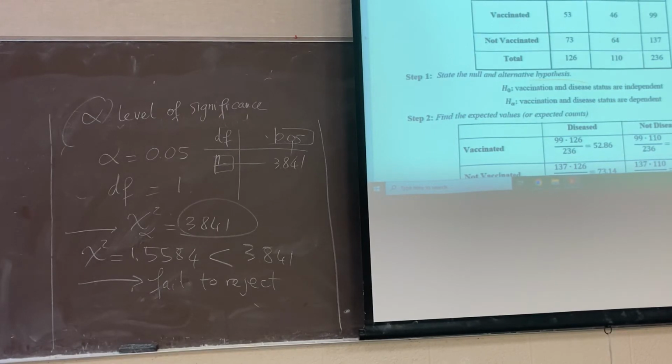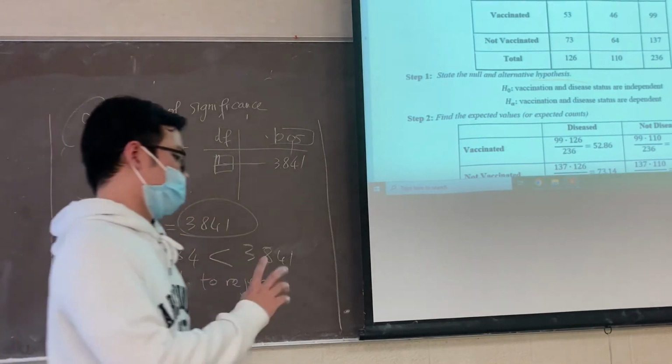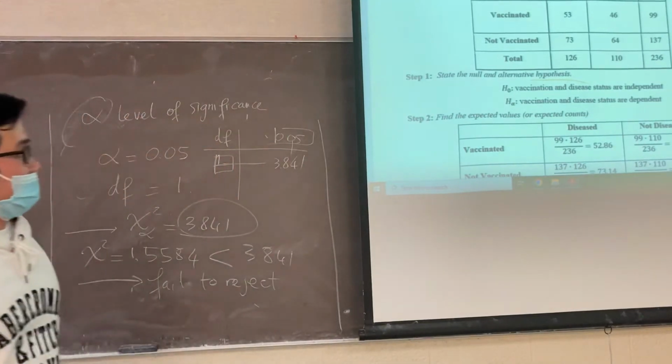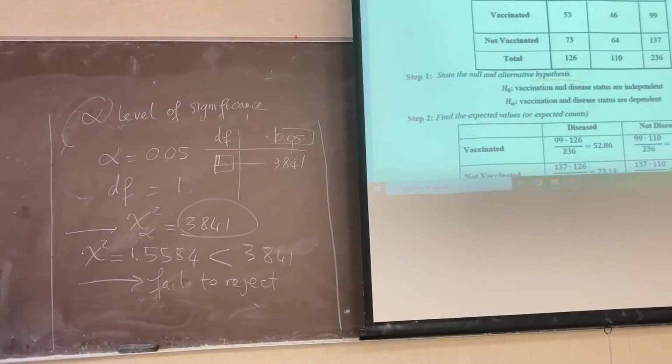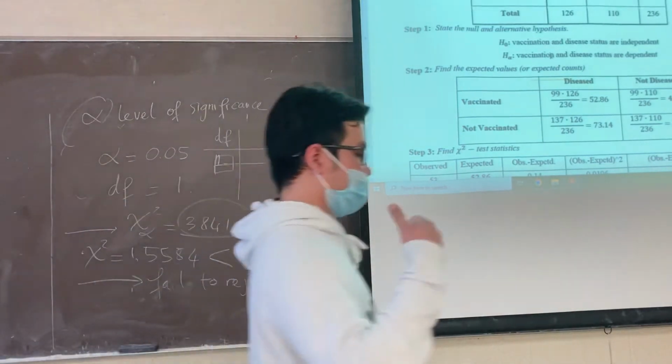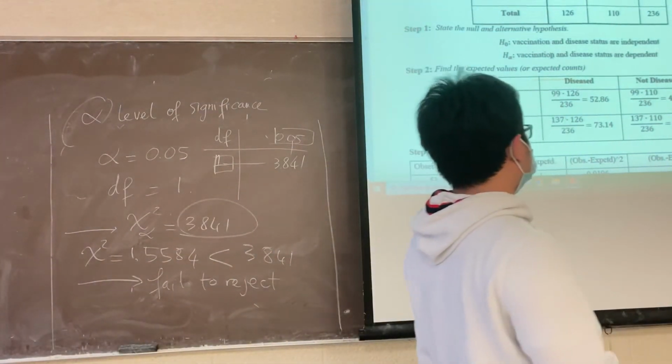We have the vaccination status and we have the disease status. The question here is, what is the association, what is the connection between them? Step 1, state the null and alternative hypotheses. We have two characteristics here, the vaccination status and the disease status.